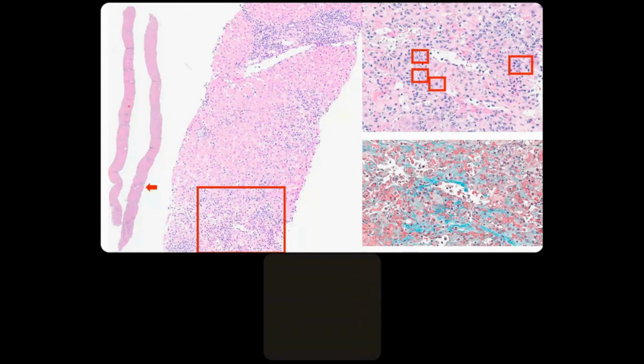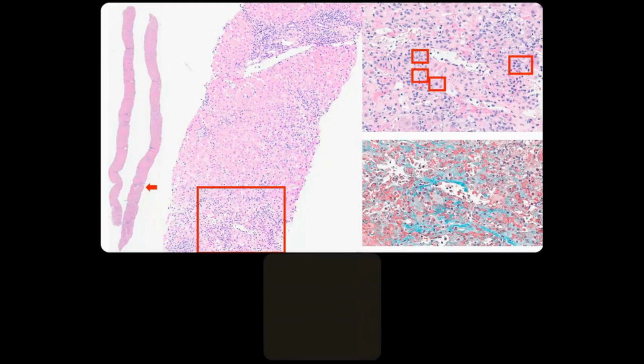So you can already see at low power here that there is portal inflammation. And on medium and high power, you can see that the inflammation extends beyond the portal tract into the lobules. So there is active interface hepatitis as well as obvious inflammatory damage around these hepatic veins.